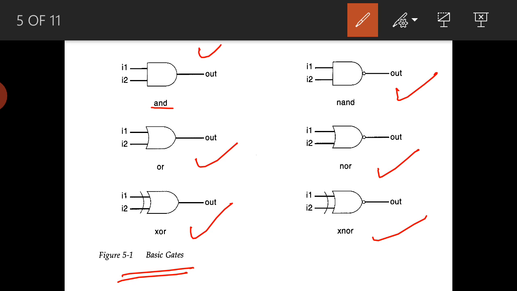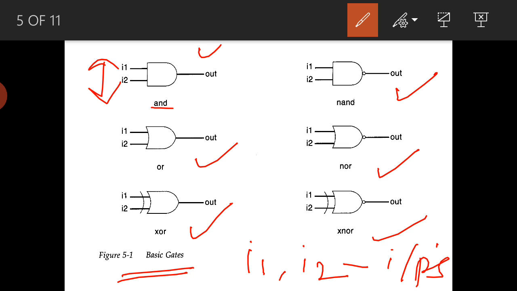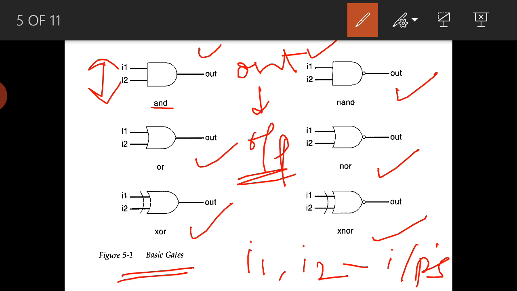Here all the gates have two inputs, I1 and I2, and the output signal name is out.